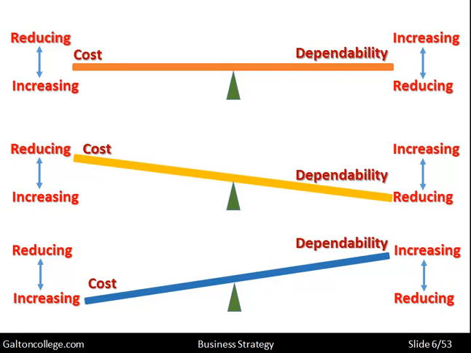It's tipped around the fulcrum, around the center point. And in the bottom one, it's tipped to increasing cost and also increasing dependability. If you want increasing dependability, it's going to cost more. It's as simple as that. We want greater dependability. It'll cost more to achieve.